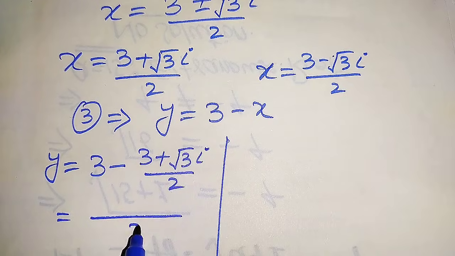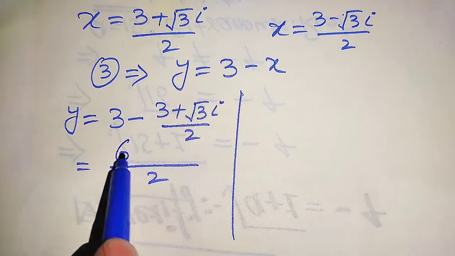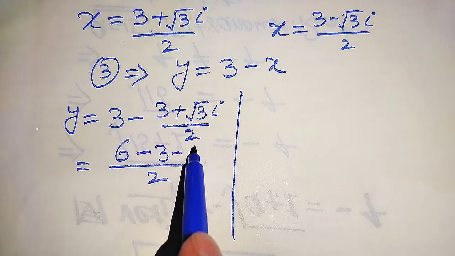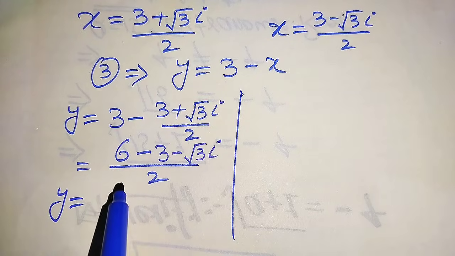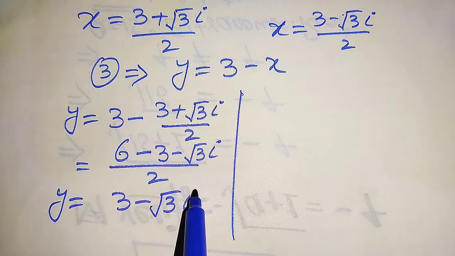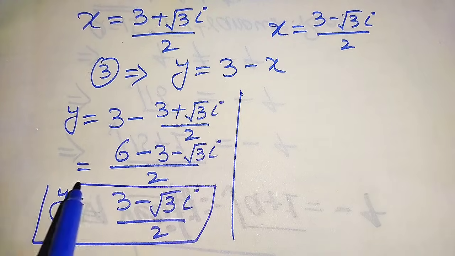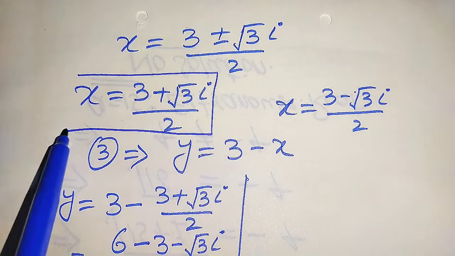Here we take the LCM of this term, and its LCM becomes 2, and we get 2 times 3 becomes 6, minus, the 2 and 2 are gone, and we get minus 3 minus square root of 3 iota. So we get y equals 6 minus 3 becomes 3 minus square root of 3 iota, divided by 2. This is the value of y corresponding to this value of x.